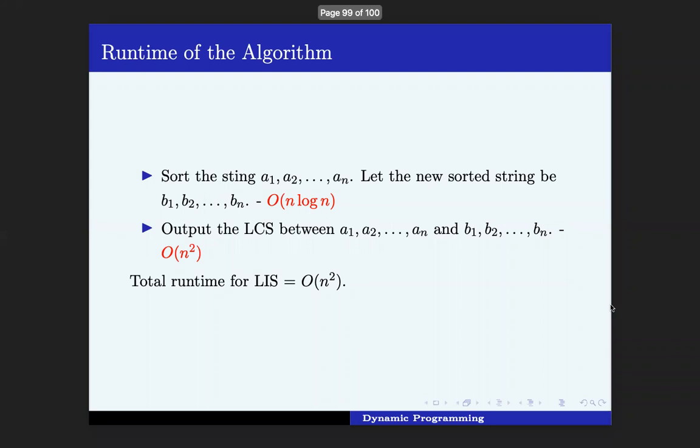So this is basically what we did here today. We used a new concept of dynamic programming to solve a problem, and after that we saw another thing, reduction, how we can reduce one problem to another, or use one problem to solve another.